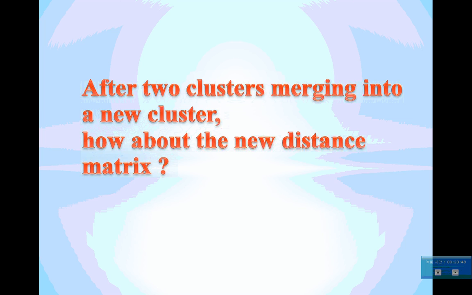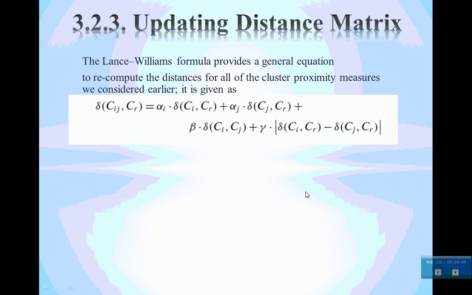So for this new one, how do we compute the distance to another cluster Cr, because this is already a new cluster? Here are the rules for how to compute the distance from this new cluster to the others, related to the distances of Ci and Cg.